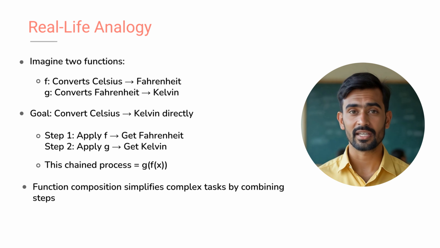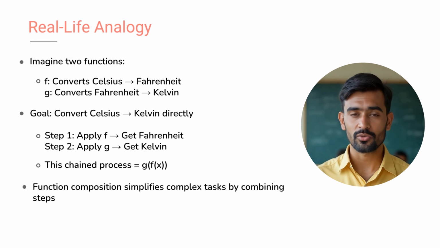Let's take a real-life example to understand composition of functions. Imagine you have two functions. Function f converts temperature from Celsius to Fahrenheit. Function g converts Fahrenheit to Kelvin. Now, if you want to convert a temperature directly from Celsius to Kelvin, you can compose these two functions.